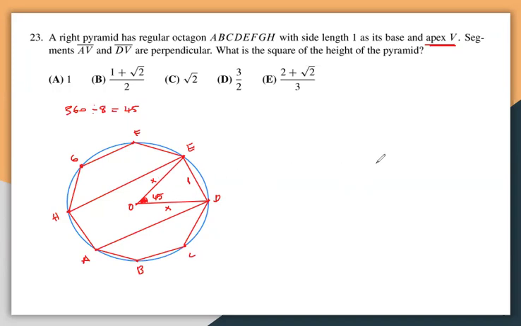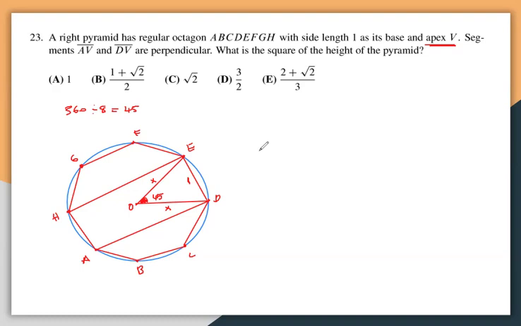Before I do that, I can actually use a 22.5, 67.5, 90 triangle, because when I see this is 45 and the other two angles are equal in the isosceles triangle, when you subtract 45 from 180, you get 135. Divide this by 2, and you get 67.5, 67.5.